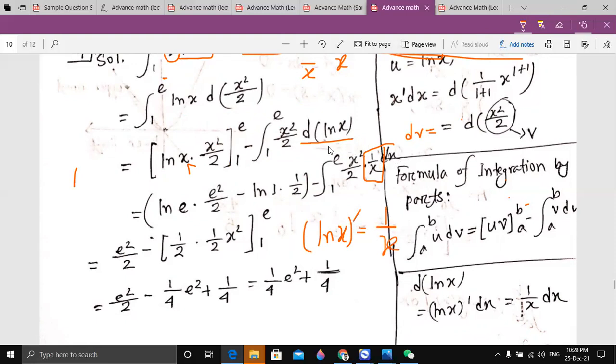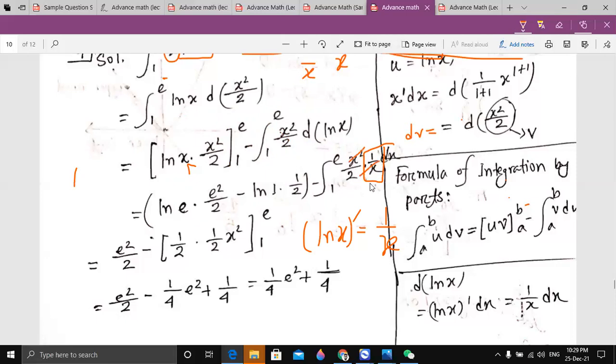So we can take this constant out. We take this 1 by 2 constant out here, okay? Not right now. So the constant is still here, okay? So we can cancel this x.